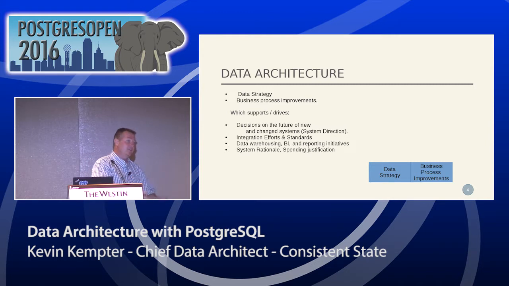And then that continual improvement process will start to drive the architectural direction of the enterprise, if you will. And not only the database layer, but the data management layer and everything to do with data architecture.